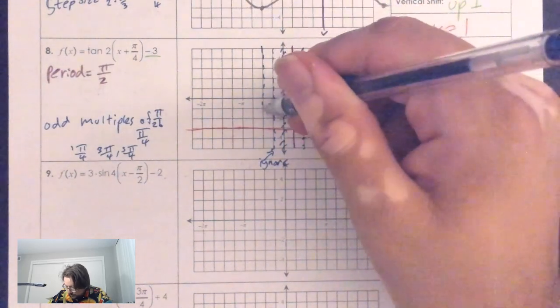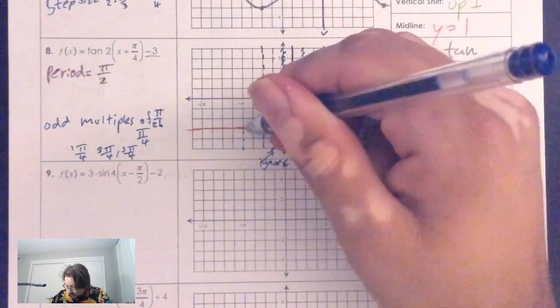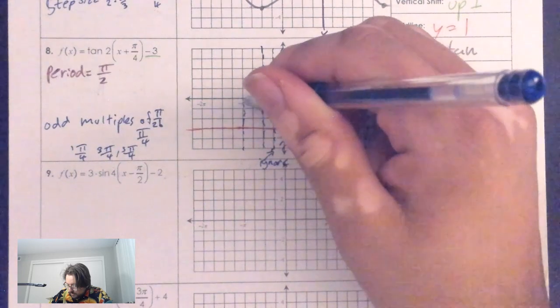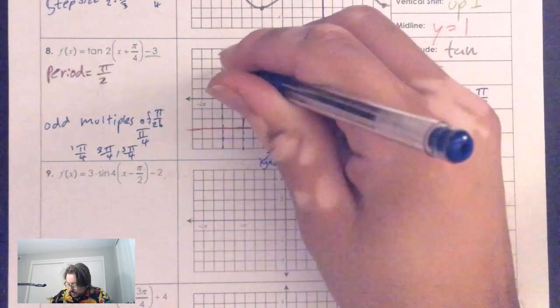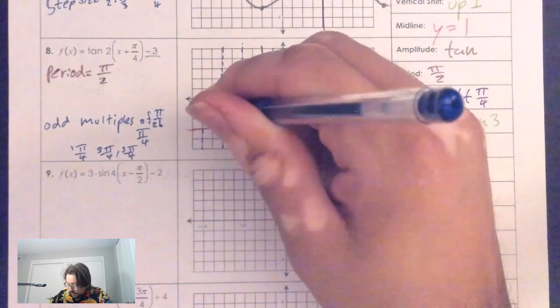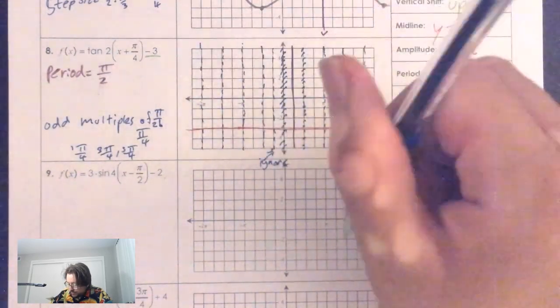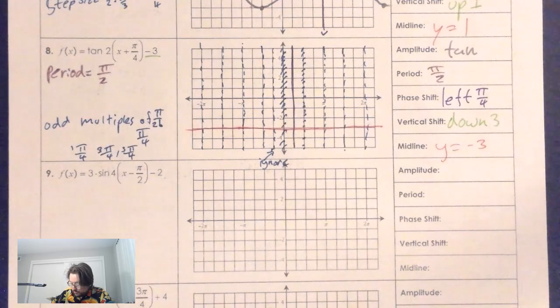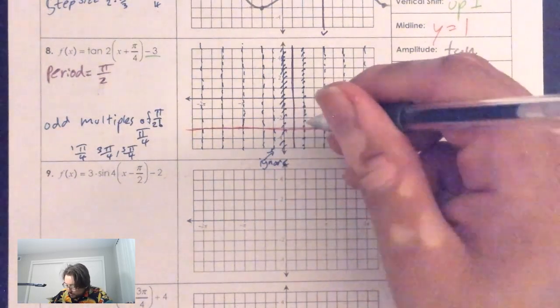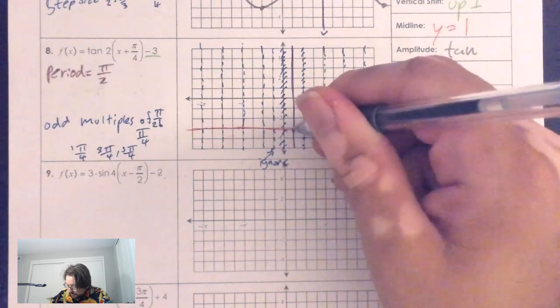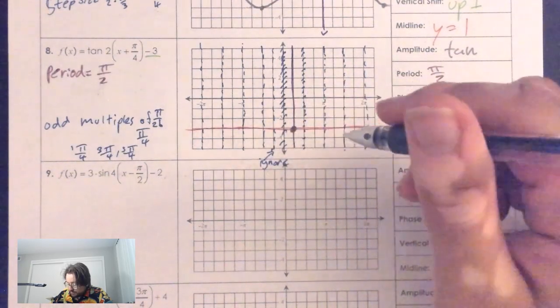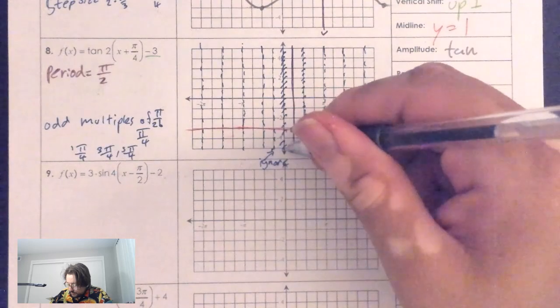Negative 2 pi over 4, negative 3 pi over 4, negative 5 pi over 4, negative 7 pi over 4, and negative 9 pi over 4 away from our transformation. Now we can draw our graph. Remember, it's going to go through that origin, or at least where our transformed origin is.